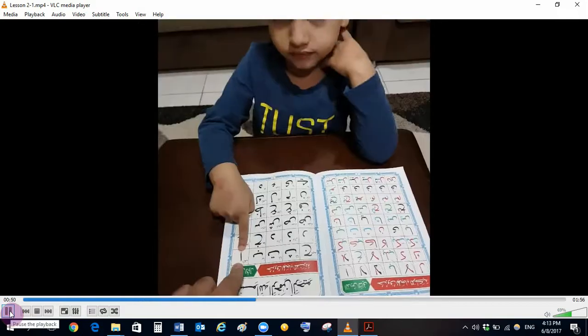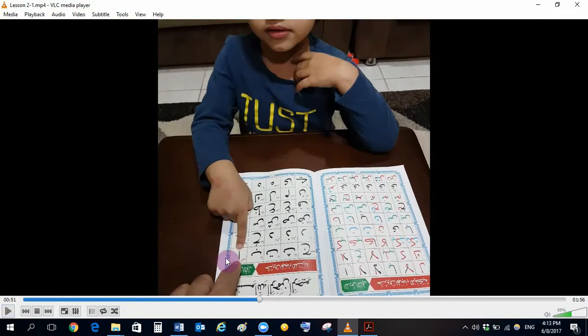So here actually I'm asking Fadi to read with me, so together we read the letters. The point is, now a child can read alone on his own, make sure that he knows the letters, but it's good that the teacher can ask the child to read with him.